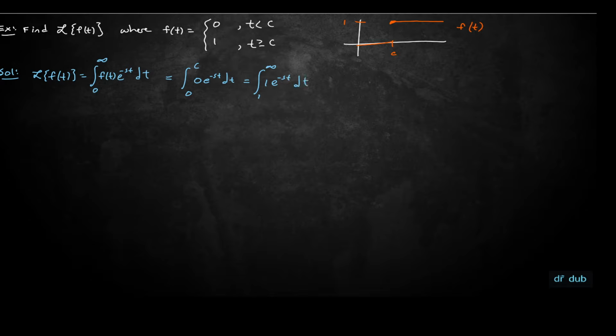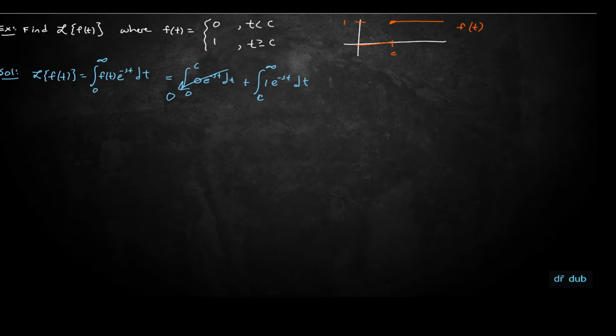So, whoops, that should be a plus sign. So from c to infinity, the function is 1. And now we integrate only the second integral. The first integral we know is going to be 0.